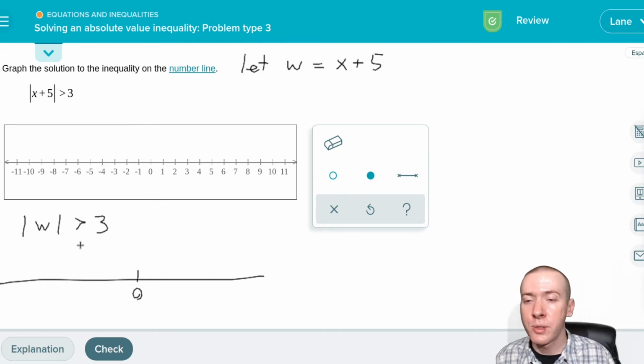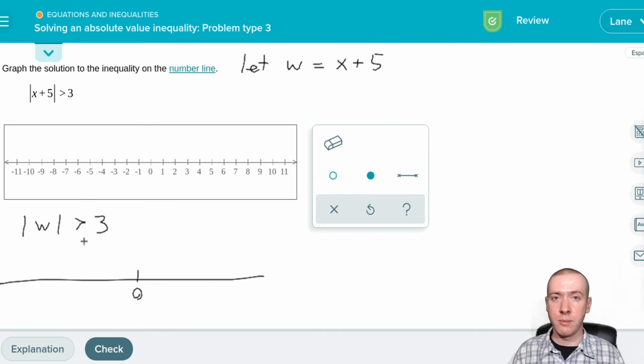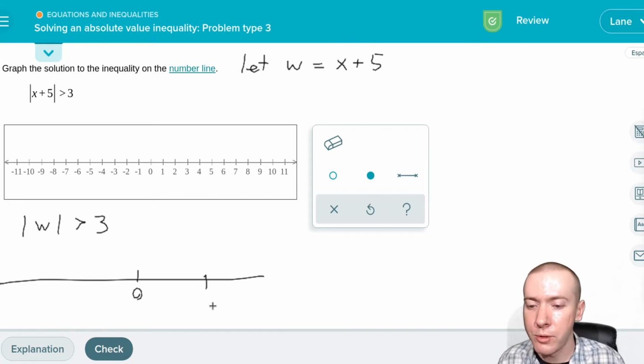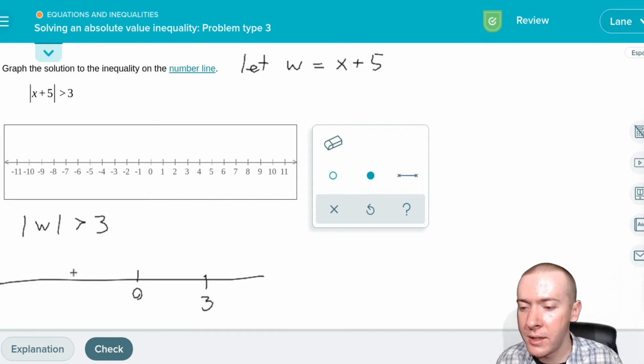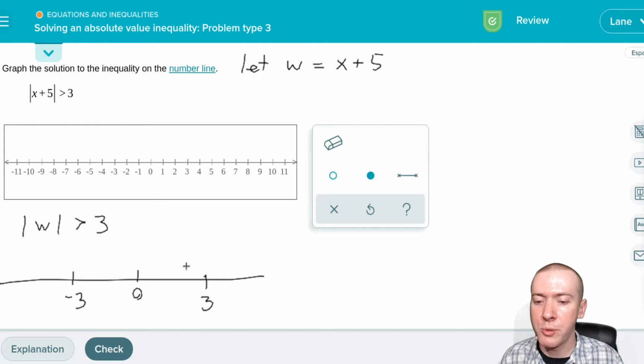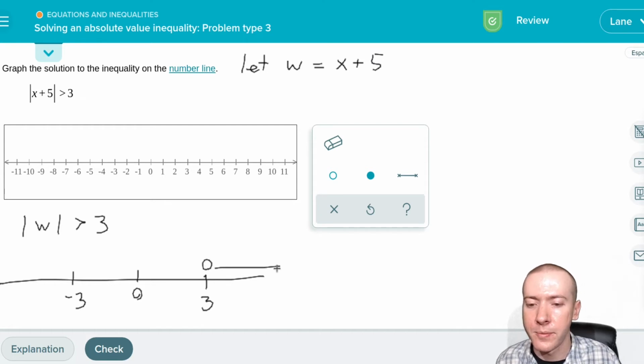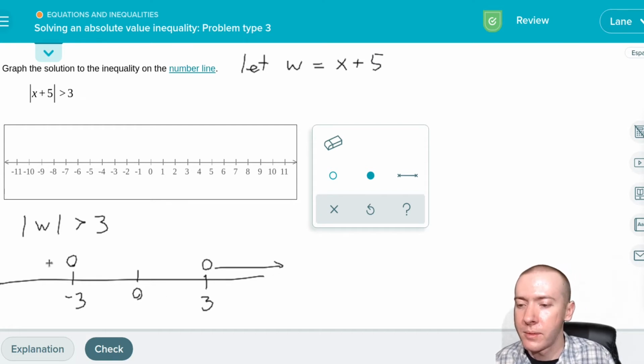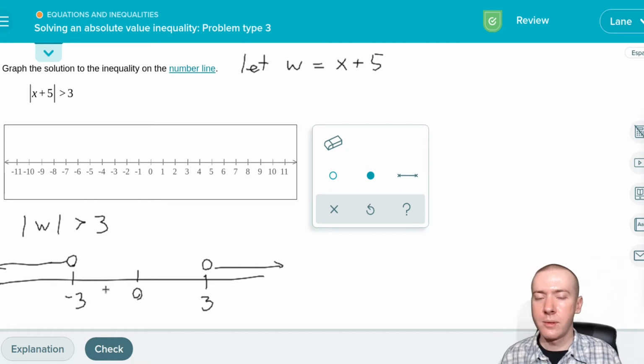This means those numbers that are more than 3 away from 0. So those are the numbers that are outside of this range between 3 and negative 3. Okay, so this is how you would graph absolute value of w greater than 3.